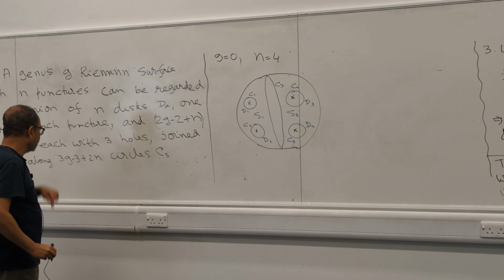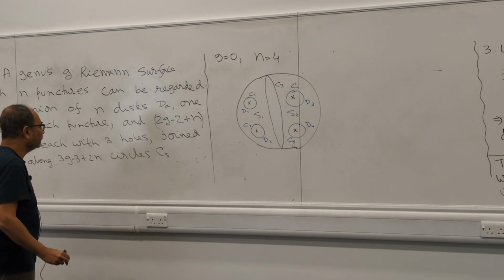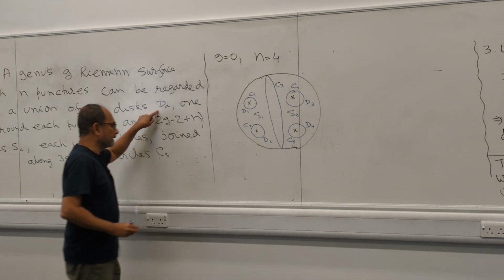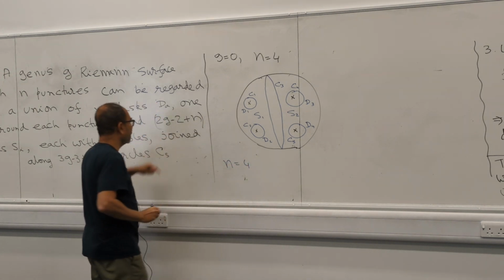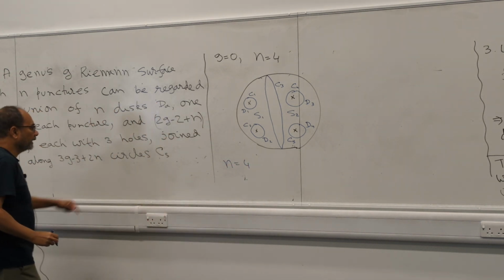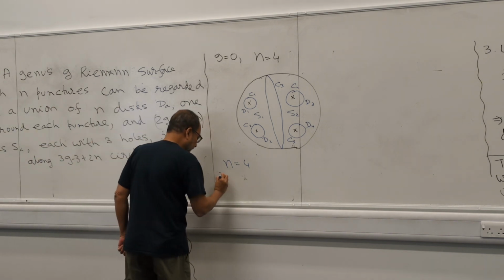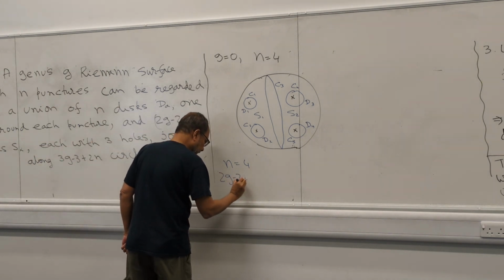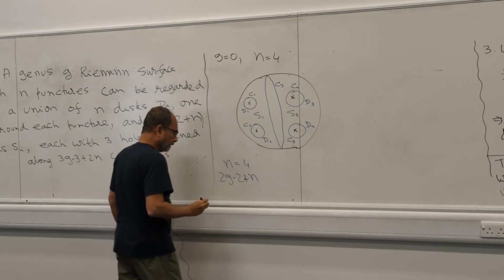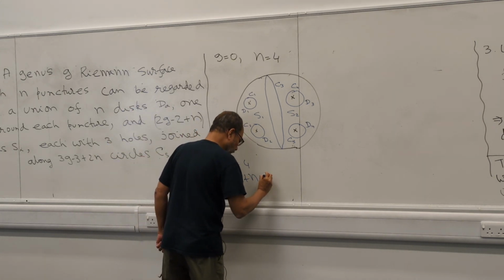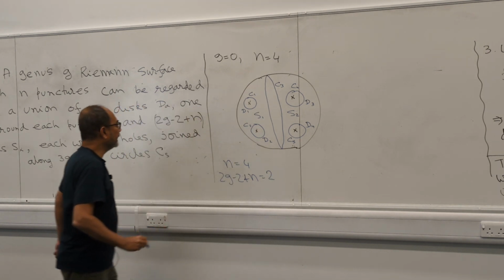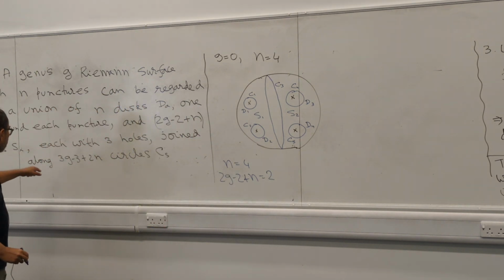Okay, so let's check the counting. Okay, so the number of discs is of course 4. Okay, that's by construction. Okay. So 2g minus 2 plus n. Okay, g is 0, n is 4. So this is 4, this is 2. Okay, so according to this, we should have two spheres, right?